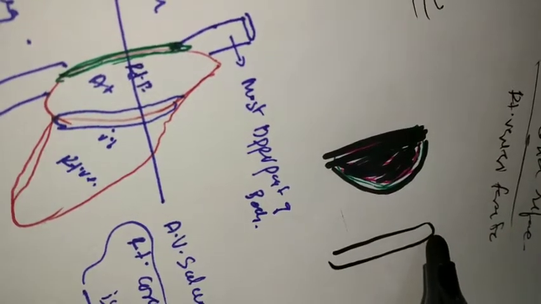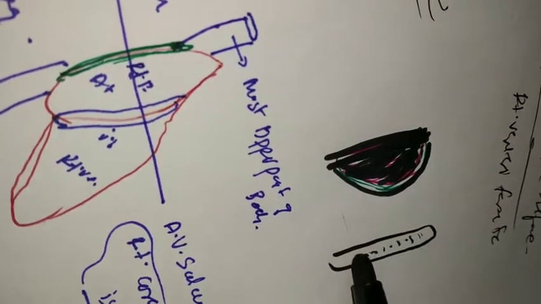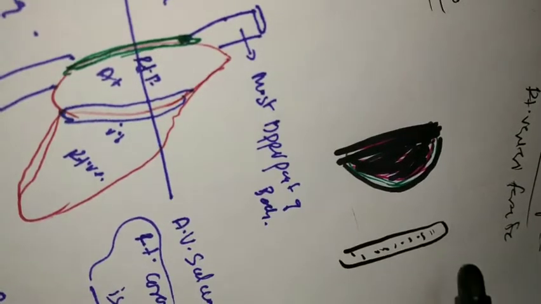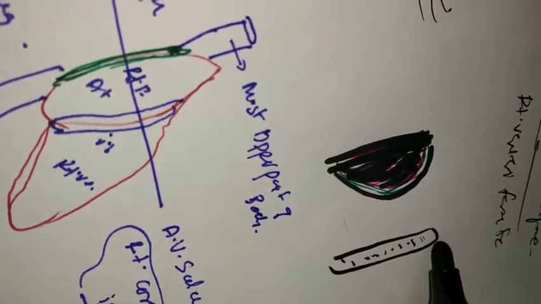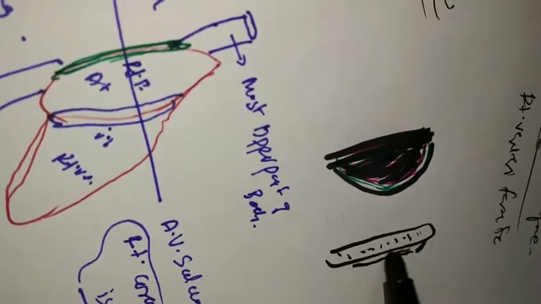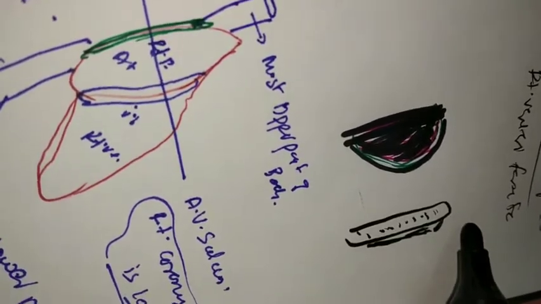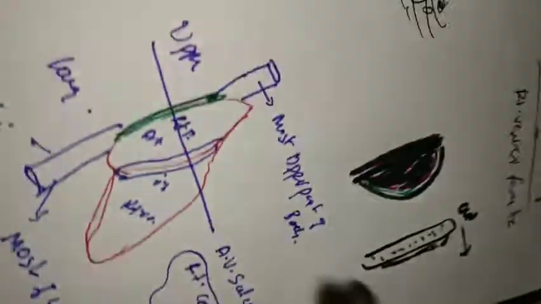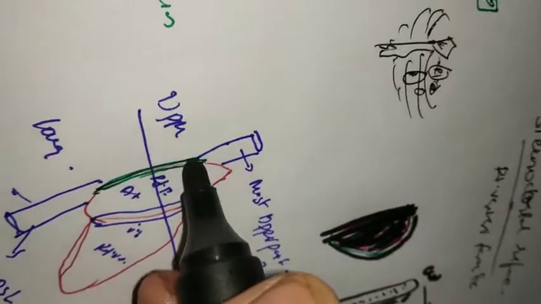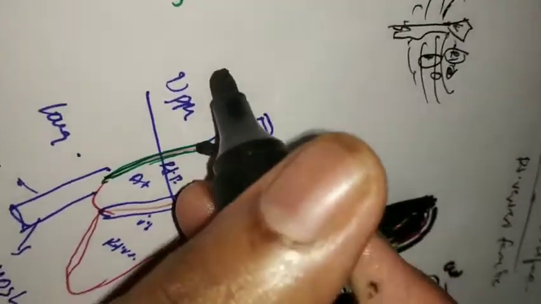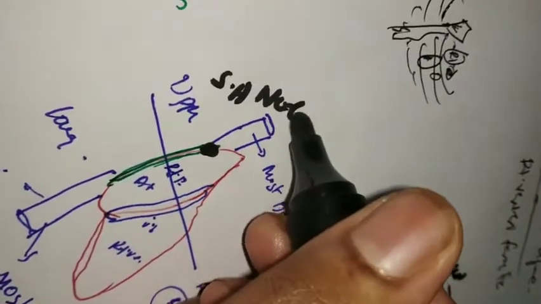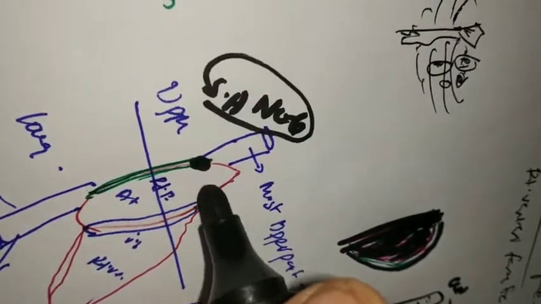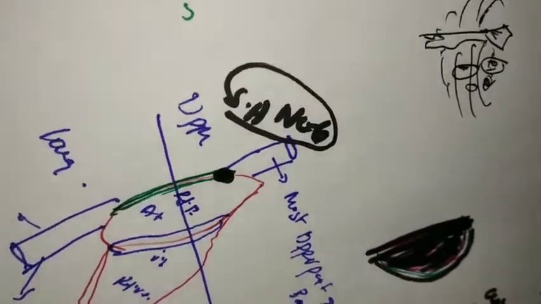This is your sulcus, it is depressed inside, and this will form a ridge. If you see from outside you will have a sulcus, inside you will have a ridge. So in the uppermost part of the sulcus you will have the SA node, on the external surface.